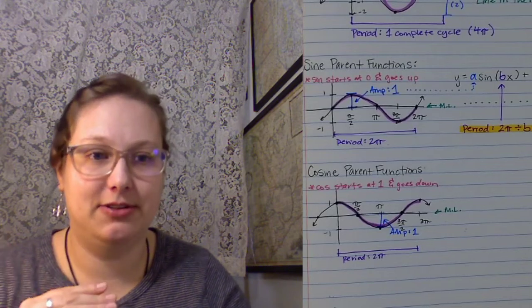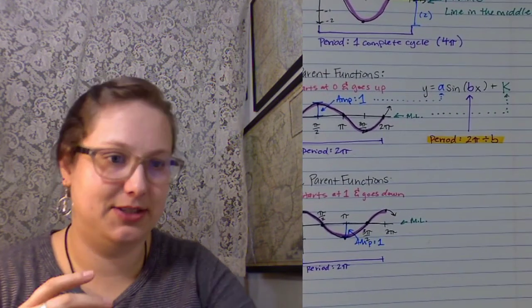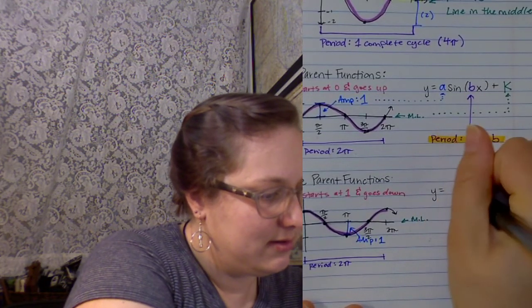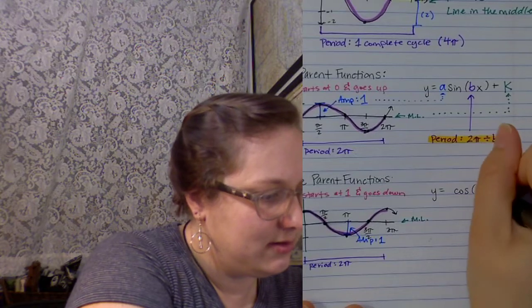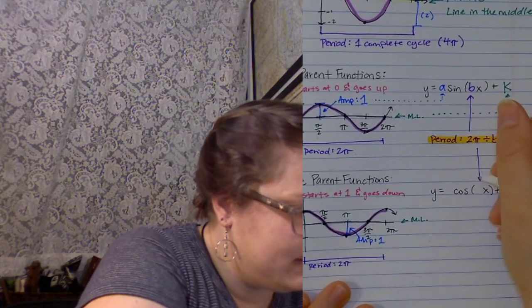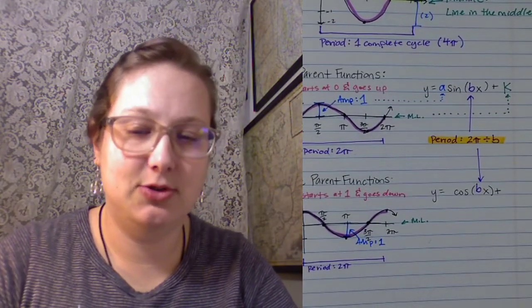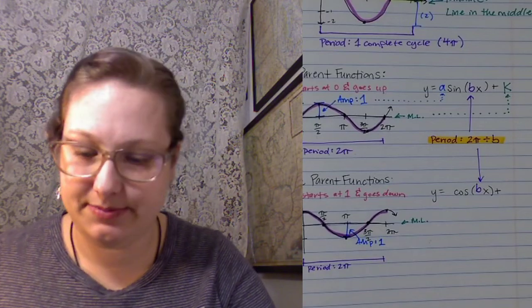I'm going to shift over. Hopefully that's not going to take over too much. There we go. And tell you about the equation. Okay. I have purple in my hand, so I might as well do this now. Same exact math problem. 2 pi over b.